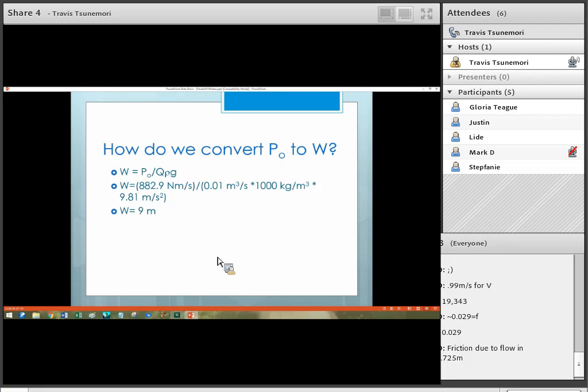We know the power out is 882.9 Newton meters per second because we read that off our pump curves. And we know Q because that was the intersection of our pump performance curve and our system characteristic curve. And of course we know the density of water and the gravitational constant.